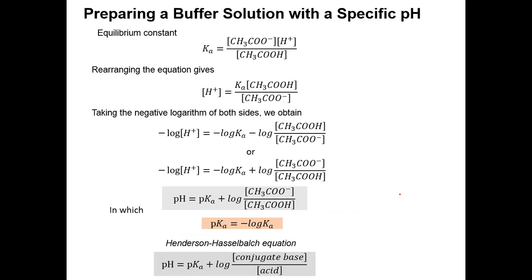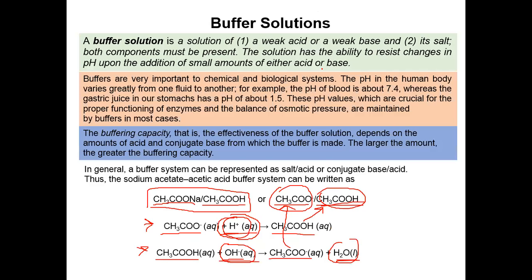So how to prepare a buffer solution? By the way, this is what you need to do in the second lab. So you'll prepare a buffer solution. What we need to know is Ka. Usually it's provided. What is Ka in our particular case for acetic acid and sodium acetate?